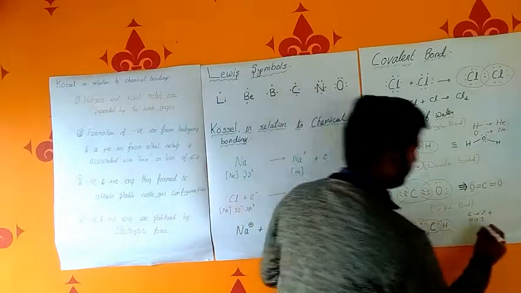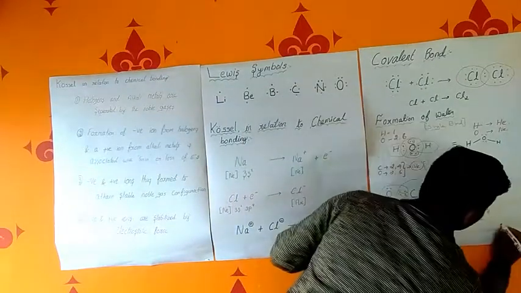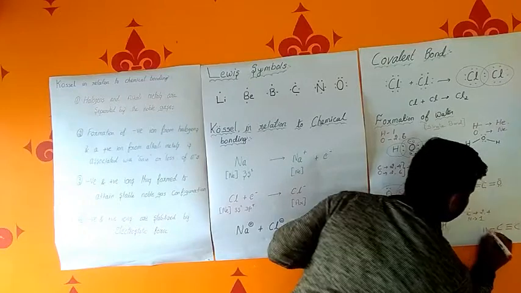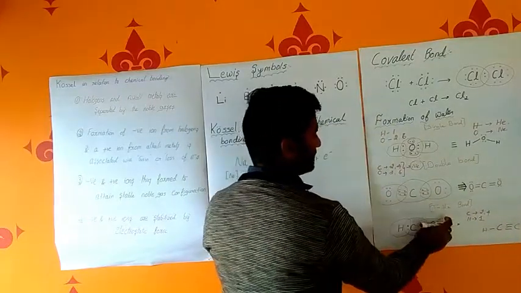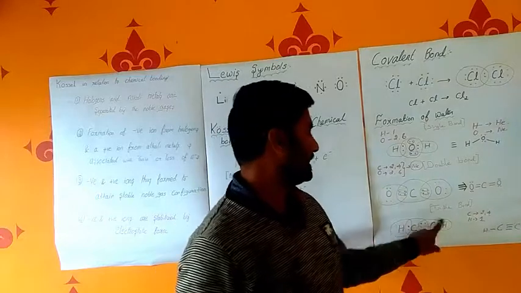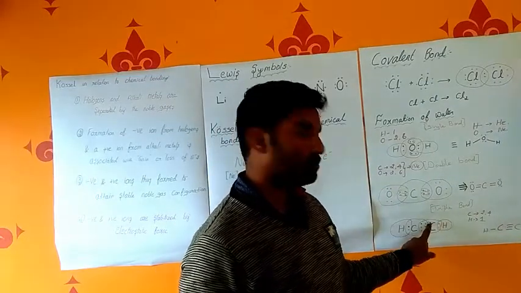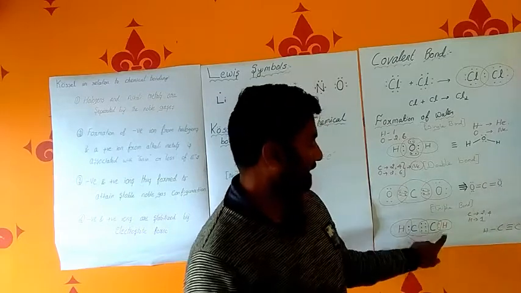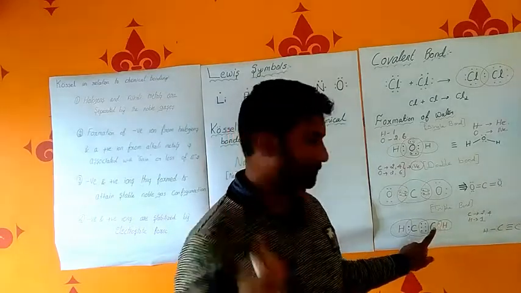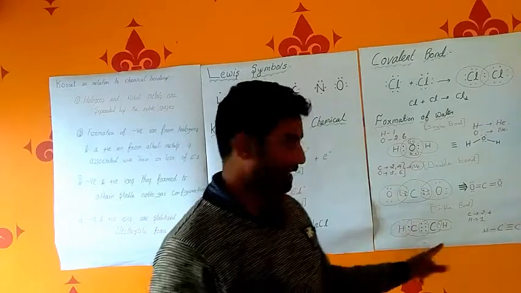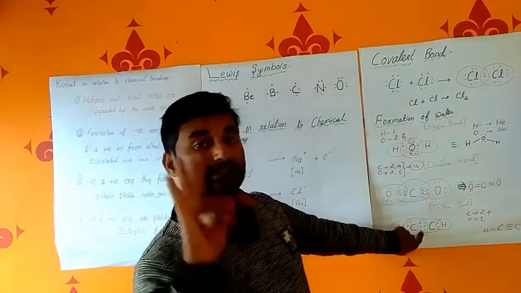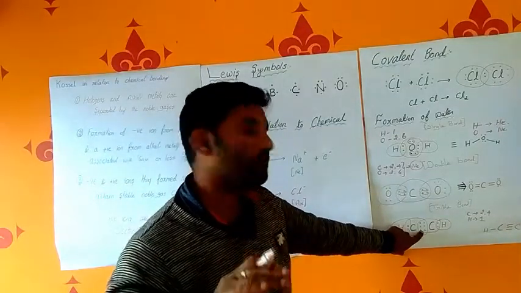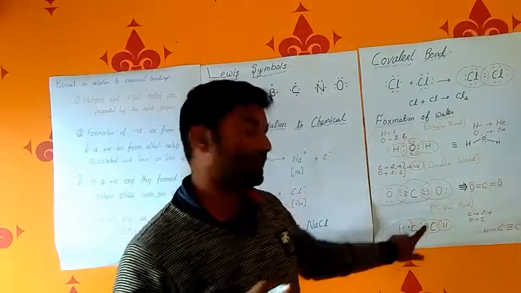So the structure of this compound should be written H single bond C triple bond C single bond H, because here the electrons which are common to carbon and hydrogen are only 2. 2 electrons are common, as well as here you could see 6 electrons. 3 pairs of electrons are common to both the carbon atoms.